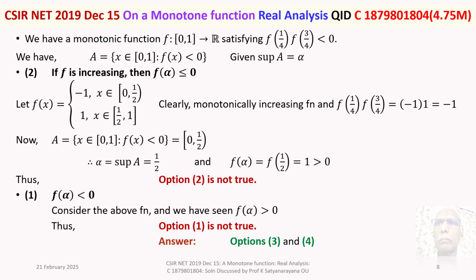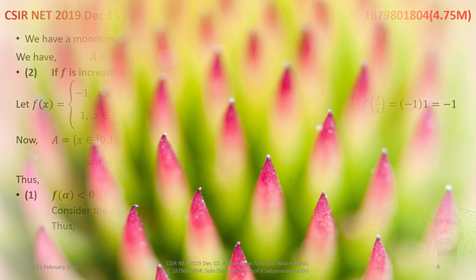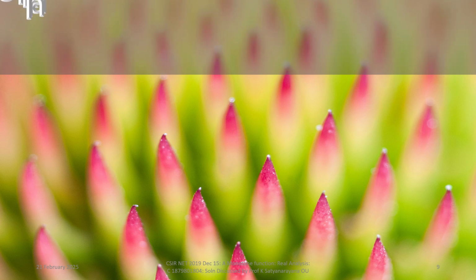In this, the properties of monotone functions are used, and the properties of continuous functions are used, and you use your intelligence and combine them. With these few words, I am sure that you have understood the solution of this problem.